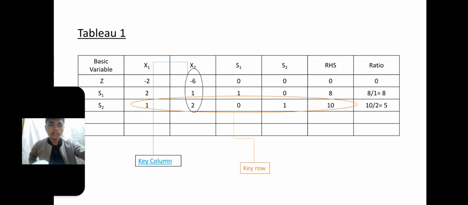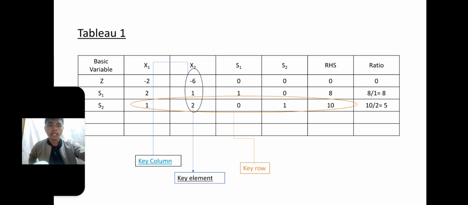And the key element is the one connecting the key column and key row. It's 2. 2 is our key element, and our key row will be divided by the key element.